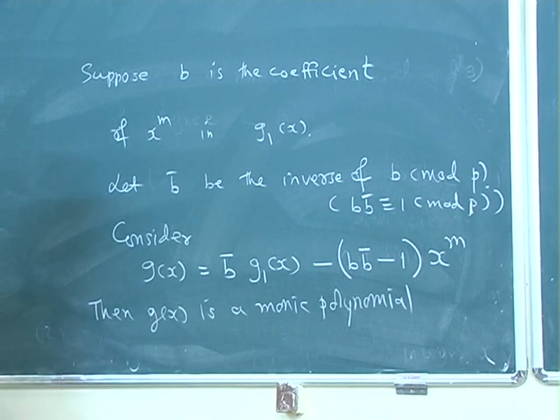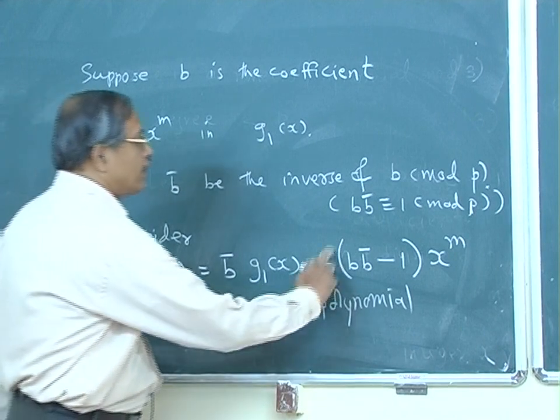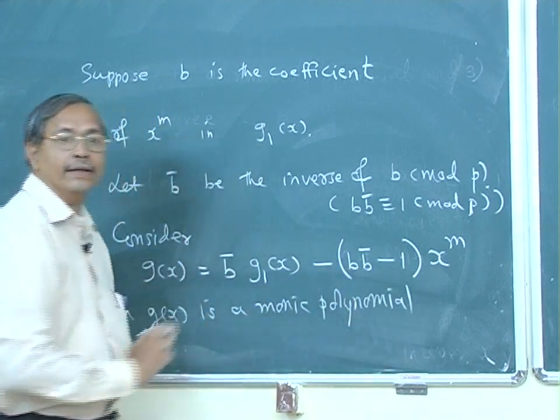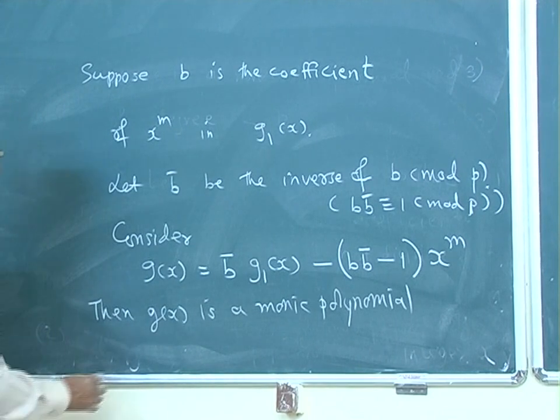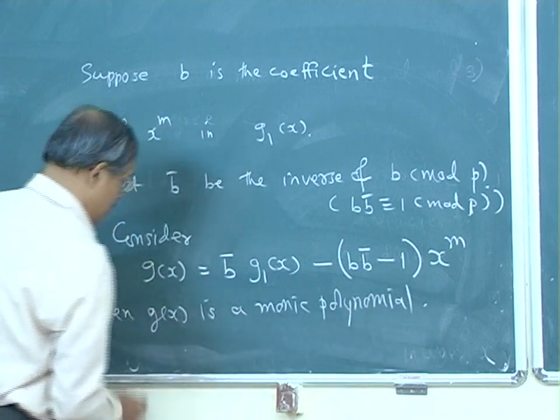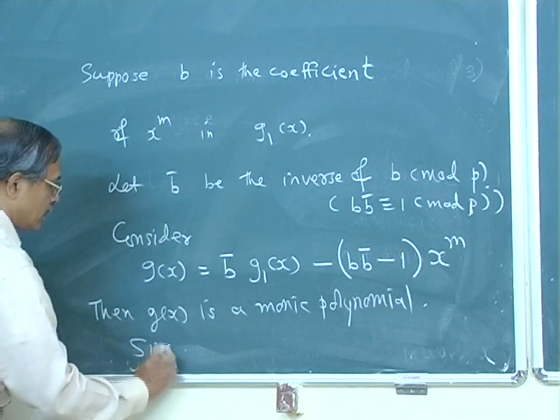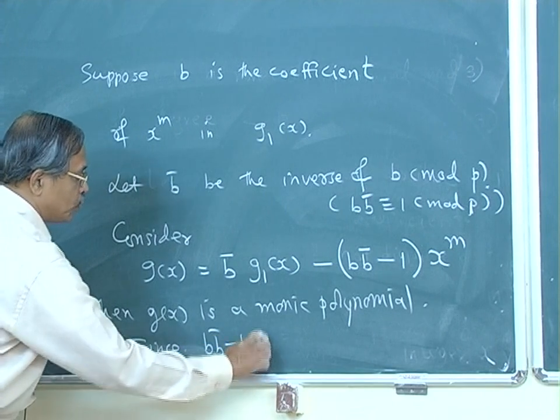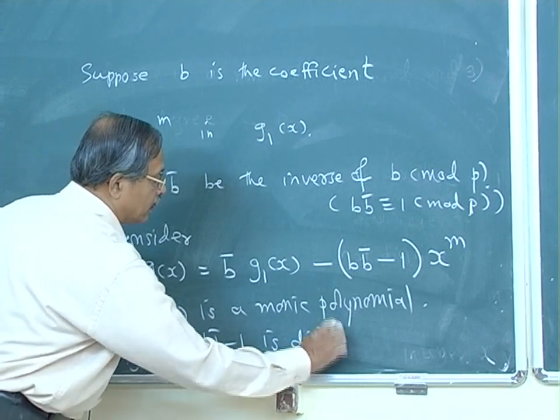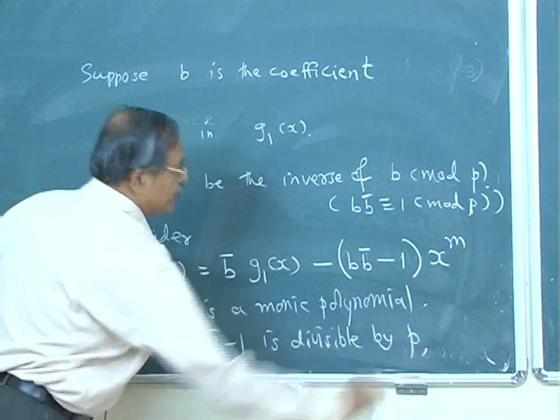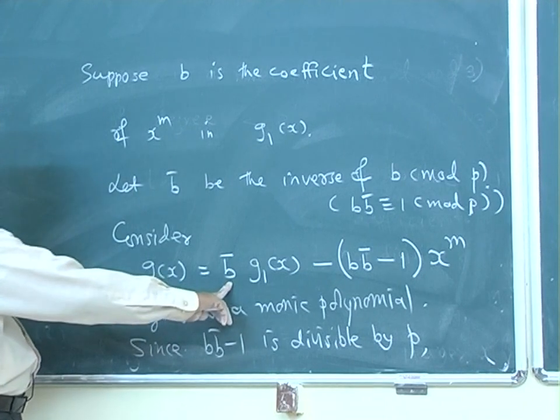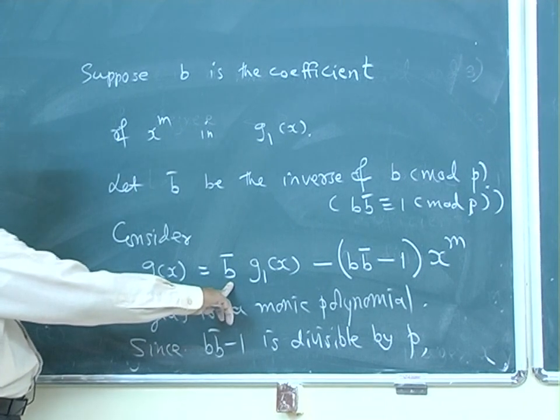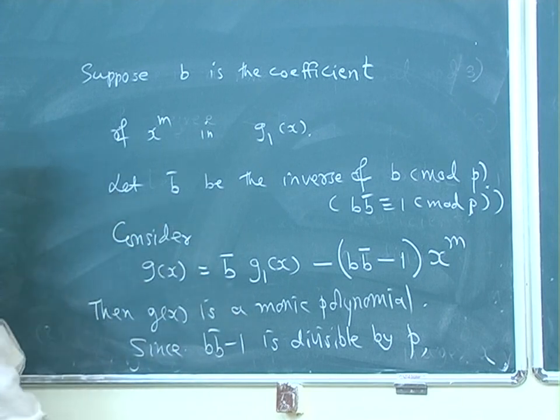What are the solutions of g(x)? This part, b bar minus 1, is divisible by p. And therefore, since b bar minus 1 is divisible by p, and b bar is not congruent to 0 mod p because b is not congruent to 0 mod p, solutions of g(x) and solutions of g1(x) are the same.